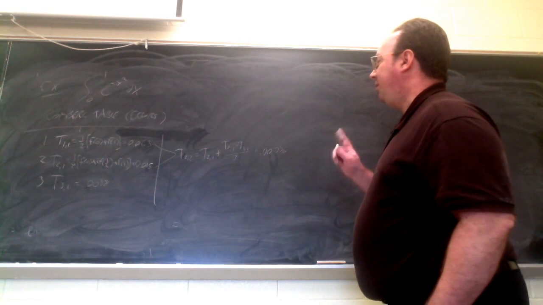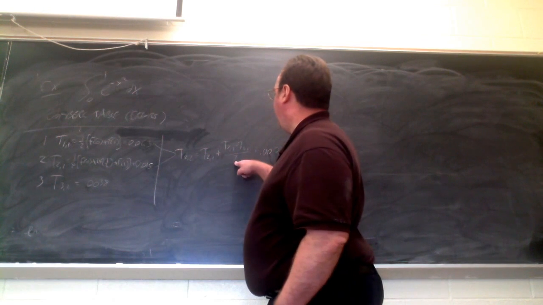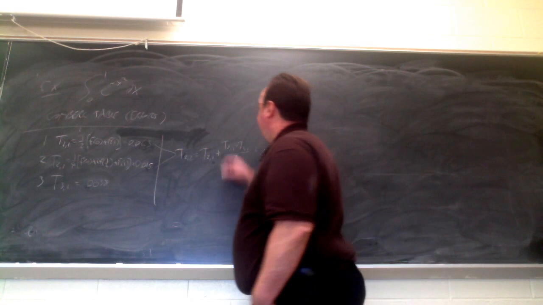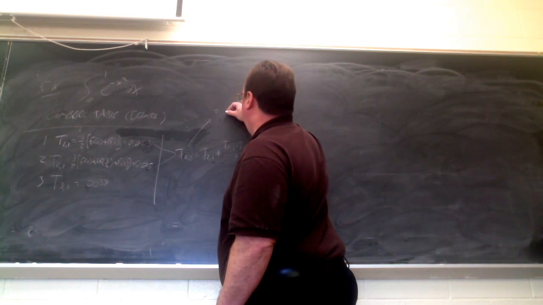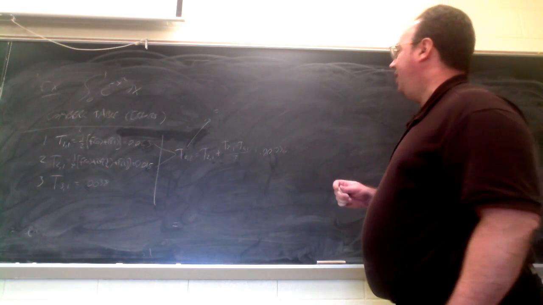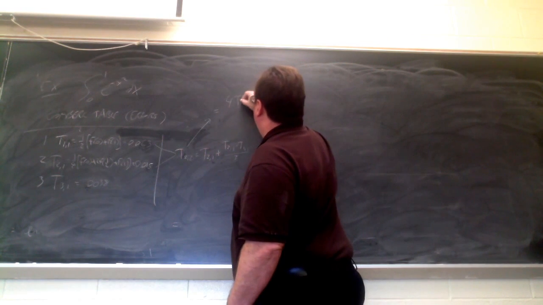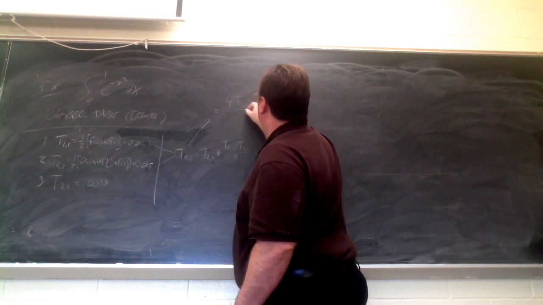But one thing I want to point out about this very first extrapolation: if I fill in what these are, another way I could write this, putting these two fractions together using a common denominator, is 4 T21 minus 3 T11 all over 3.